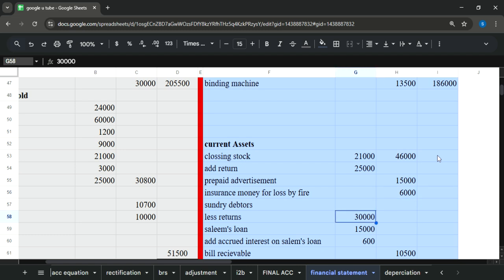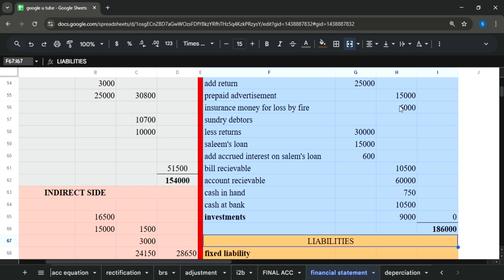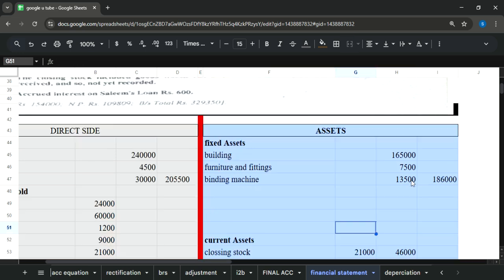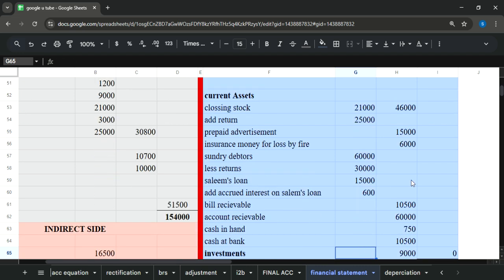Then sundry debtors, why have we not written sundry debtors. Instead of that, I think we have account receivable. 60,000 account receivable would be considered as debtors. So here you will write 60,000, and account receivable is not needed, just the difference of name.